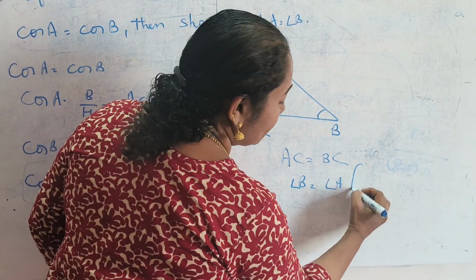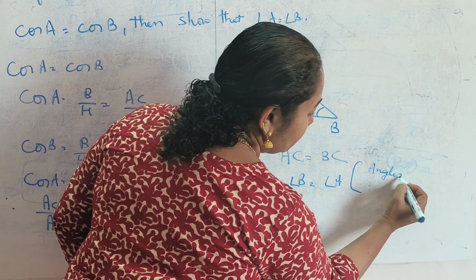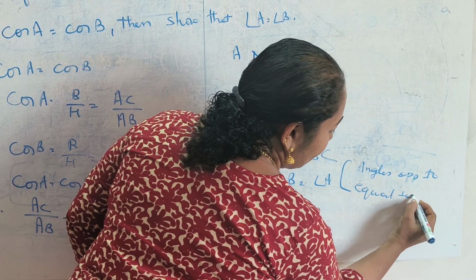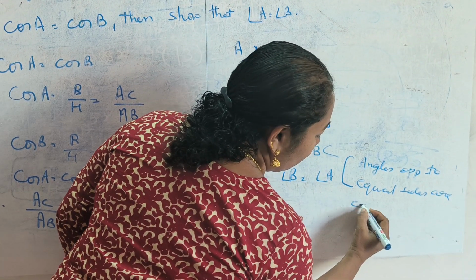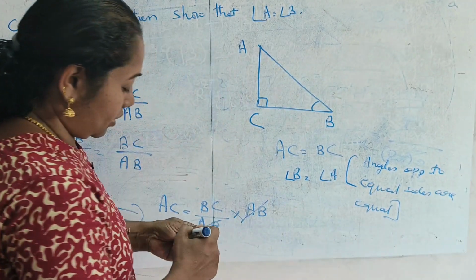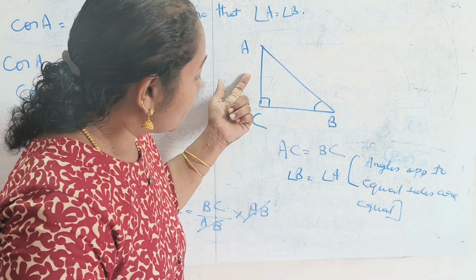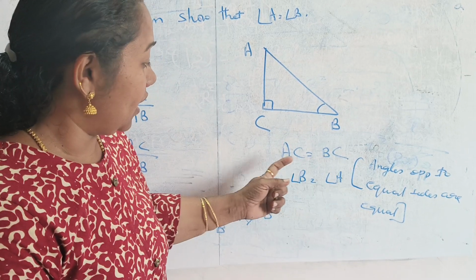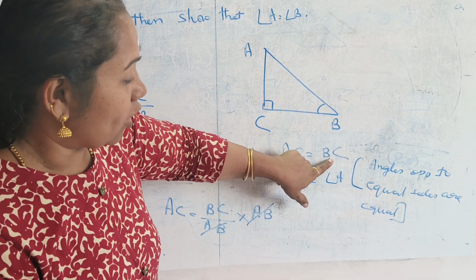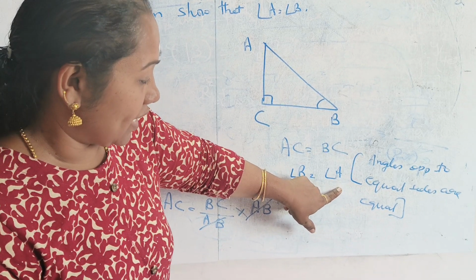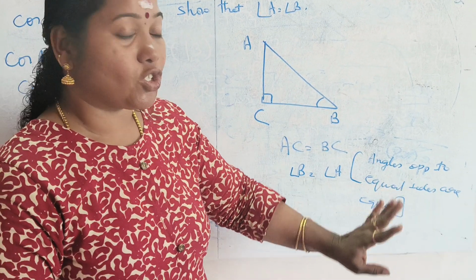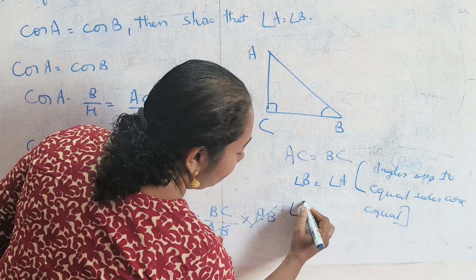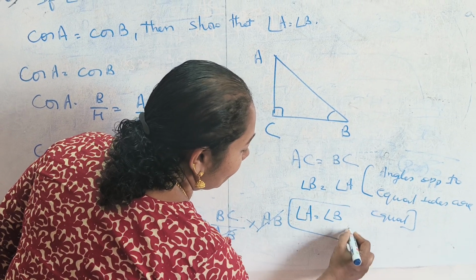So we will write this as the reason: the angles opposite to equal sides are equal. Since AC is equal to BC, the angle opposite to AC is B and the angle opposite to BC is A. So angle B equals angle A. The reason being angles opposite to equal sides are equal. So we have to prove angle A is equal to angle B. It is now proved. Therefore, angle A equals angle B.